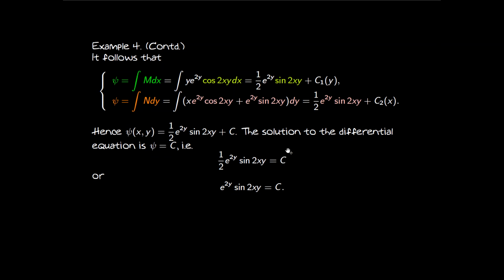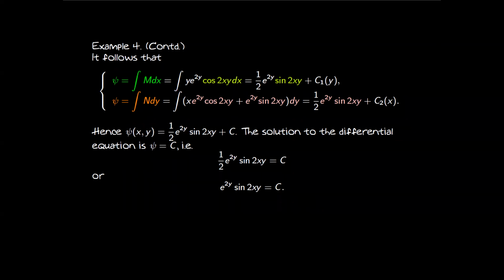Because this c is an arbitrary constant, if we multiply both sides by 2, we still get a generic constant here. So you don't have to carry the 1/2, and our solution can be obtained in this way.